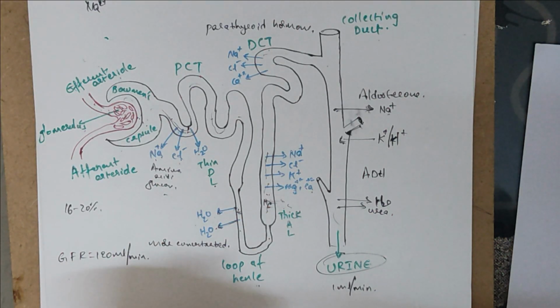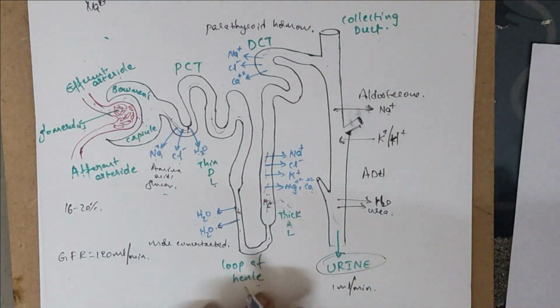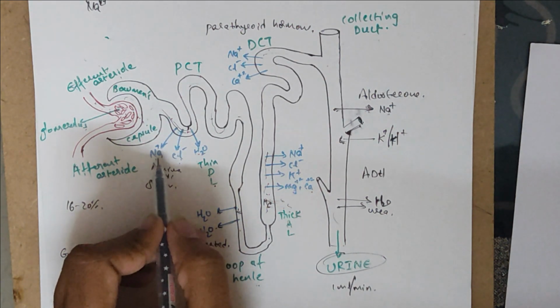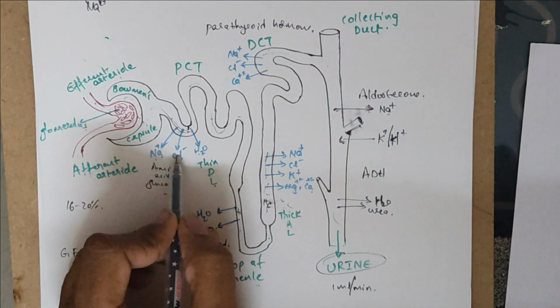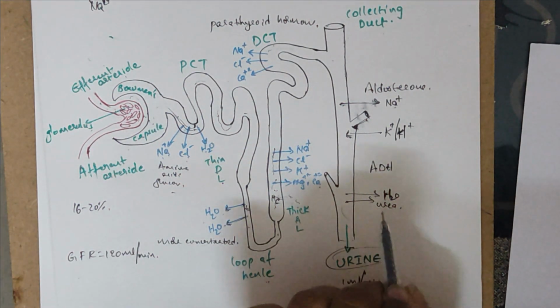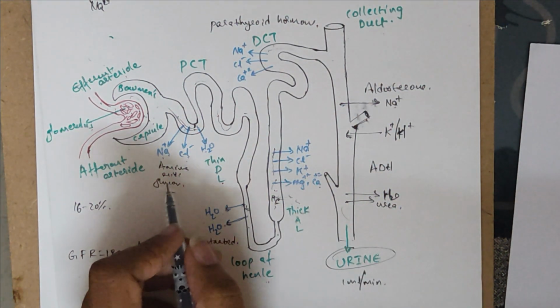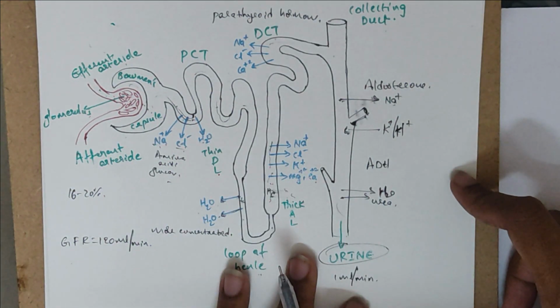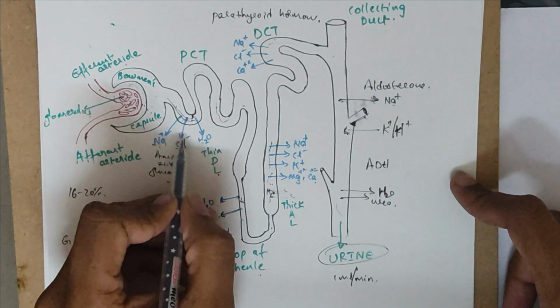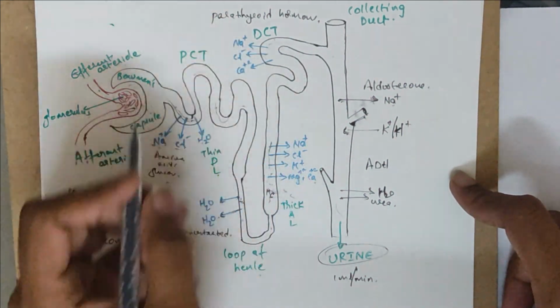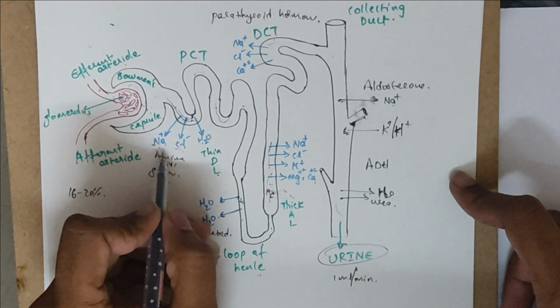Guys, now I will tell briefly about diuretics, how they work. Here, as you see, a major amount of sodium and chloride is reabsorbed in different parts of the nephron, like the PCT, DCT and the loop of Henle. Diuretics will block the reabsorption of sodium molecules from the renal tubule into the blood.